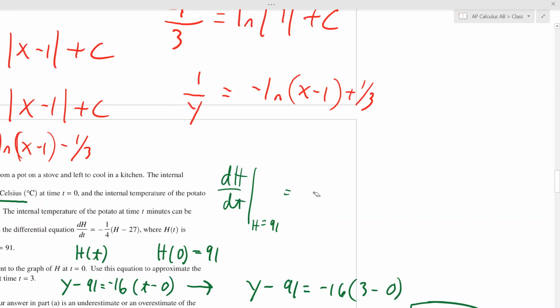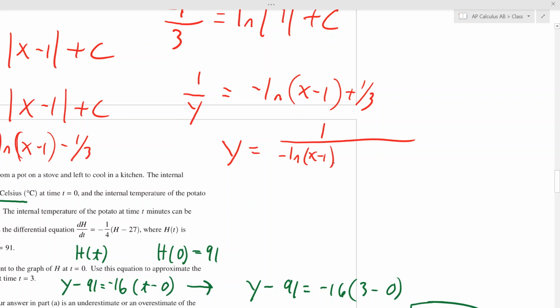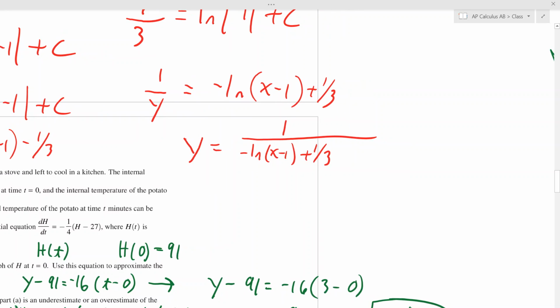And to get y, we can do a couple things here. We can cross multiply, however you want to think, or we can just flip both sides of this whole equation. But be careful when you do that. This becomes 1 over negative ln of x minus 1 plus a third. It just flips the whole thing over.